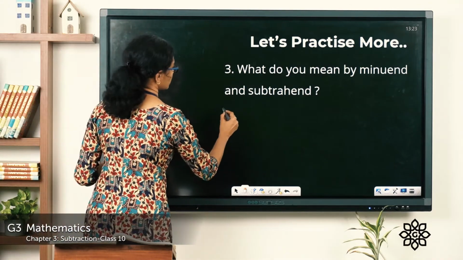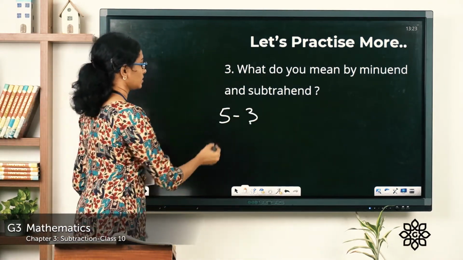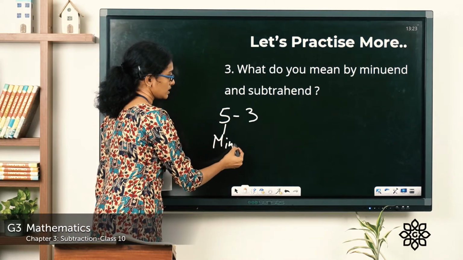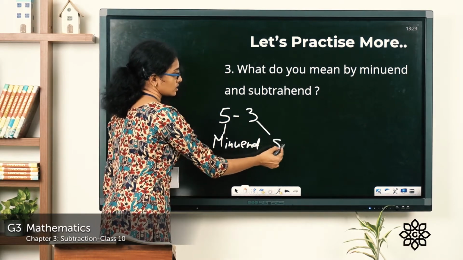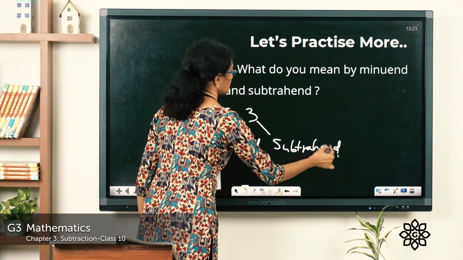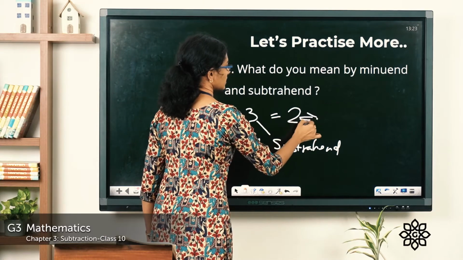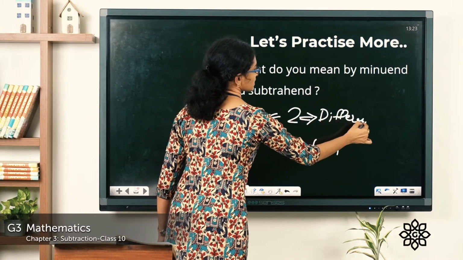If you are doing 5 minus 3, 5 is the bigger number, so it is the minuend, and 3 is the smaller number, so it is the subtrahend. The result, or the answer to the subtraction, is called the difference. Here the difference is 2. I hope this is clear to you now.